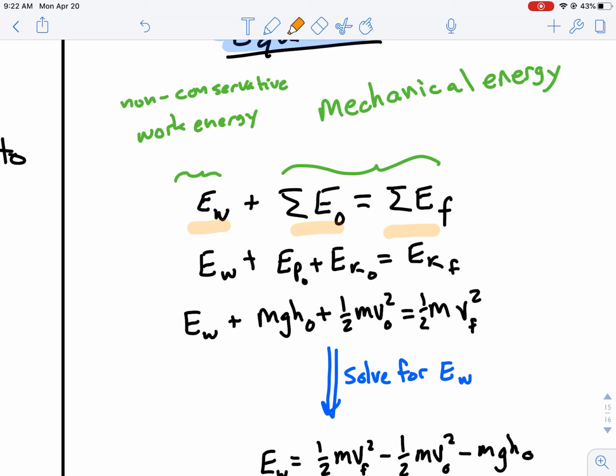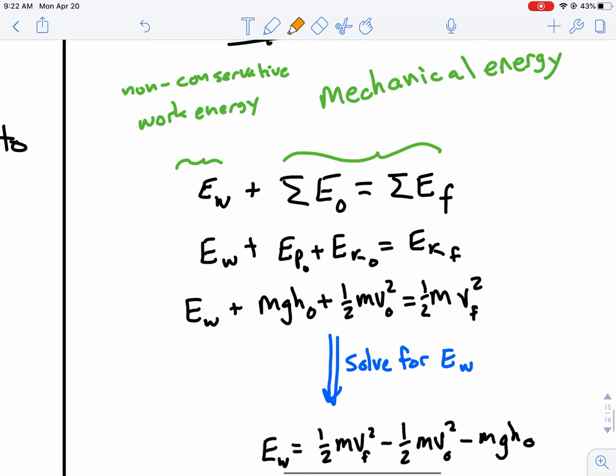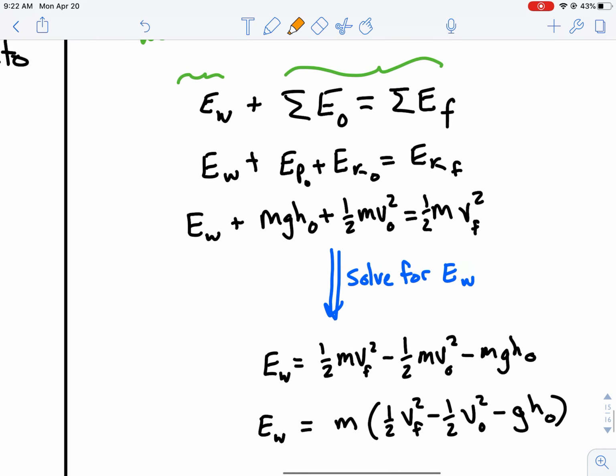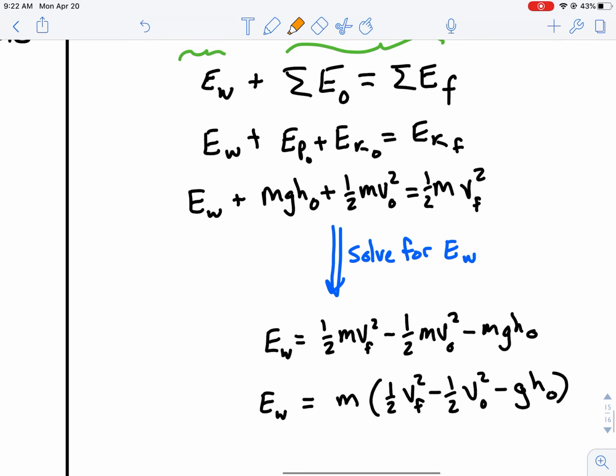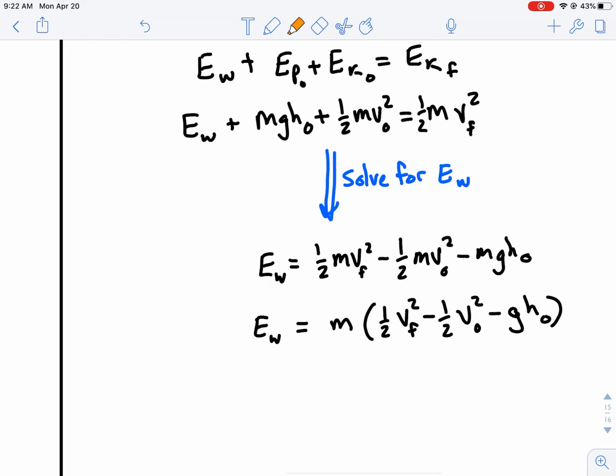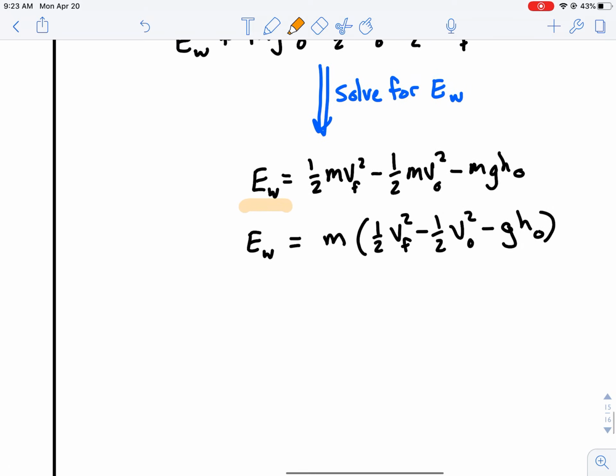So basically, the only change I have here is that I'm going to include this extra term of the work being done. So you're going to see a very similar kind of pattern going on here. I'm going to actually solve it here for a slightly different variable. And what you'll notice here is that in this case, the mass does not cancel out.